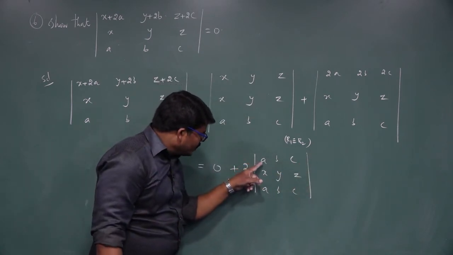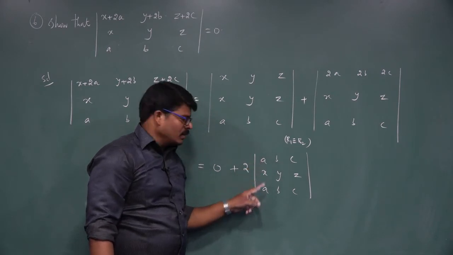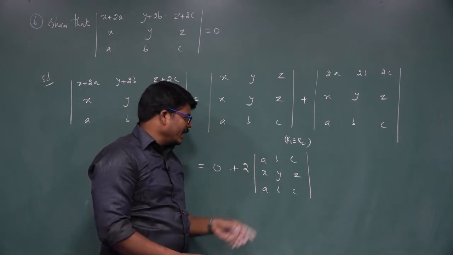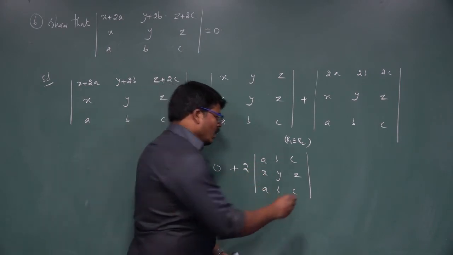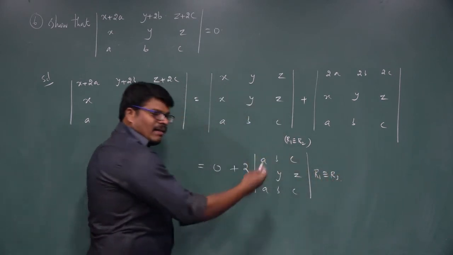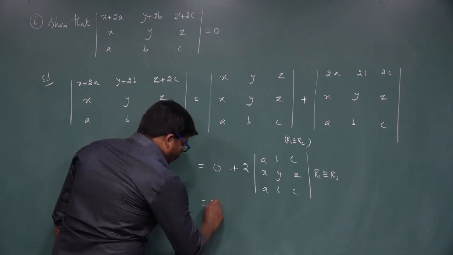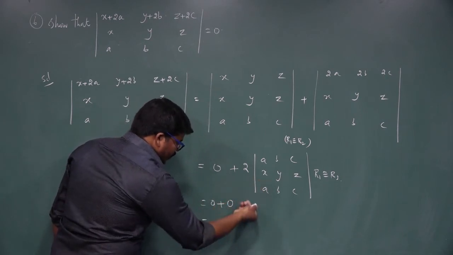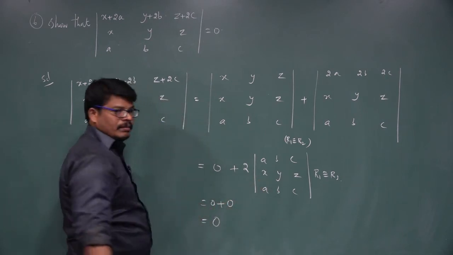Now comparing the two rows R1 and R3, they are identical, a, b, c. R1 is identical to R3, so the determinant value is 0. That is 0 plus 0; 2 times 0 is 0. It is equal to 0.